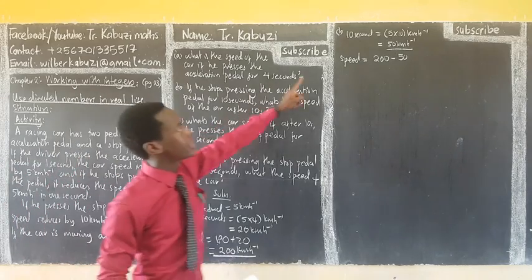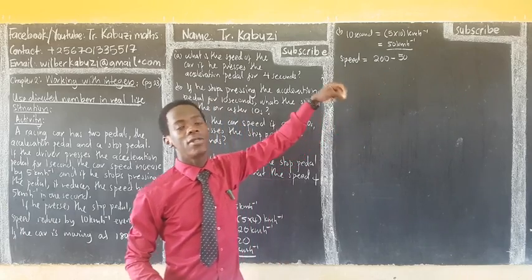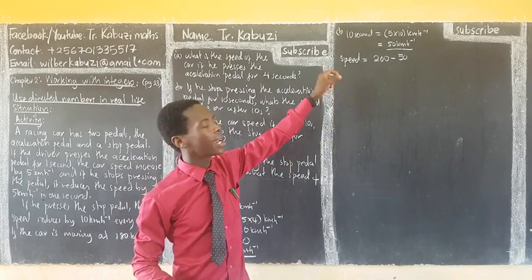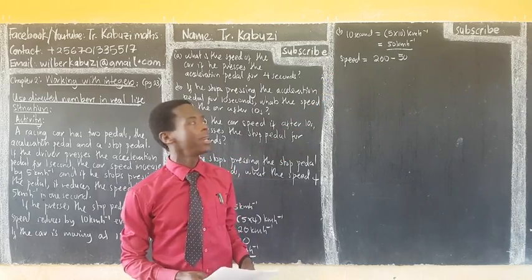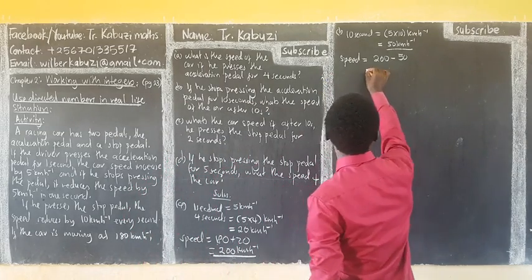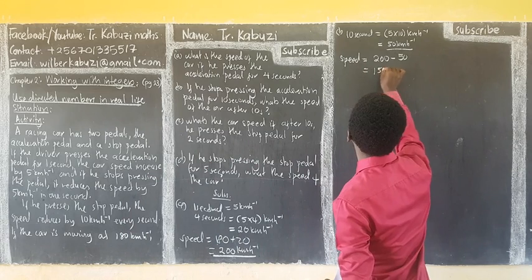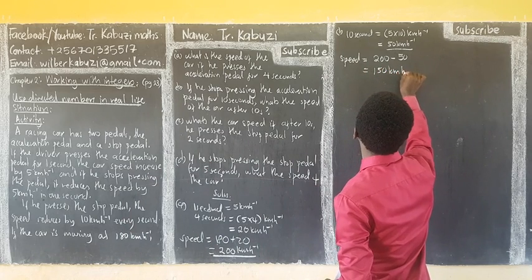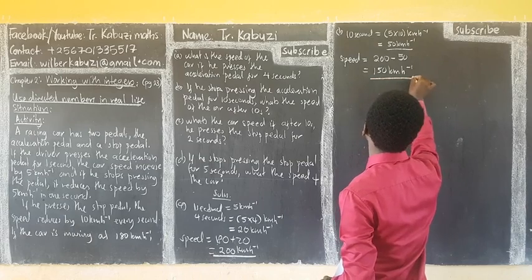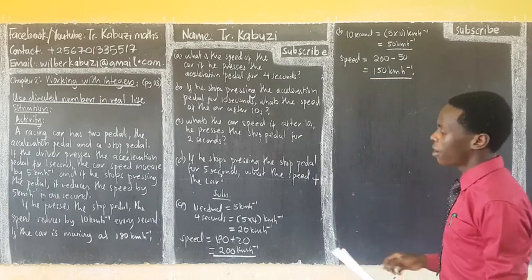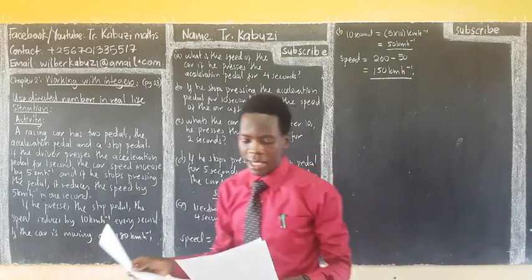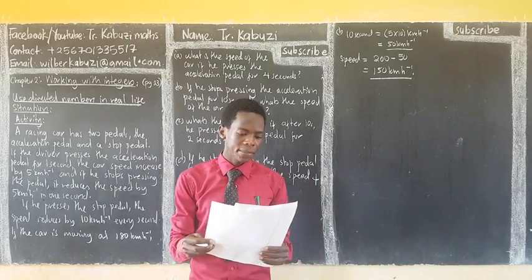Because there were 10 seconds, the speed reduced by 50 kilometers per hour. That's why they are subtracting, and here we have 150 kilometers per hour. That's their answer. Do we agree? Even group D has the same.